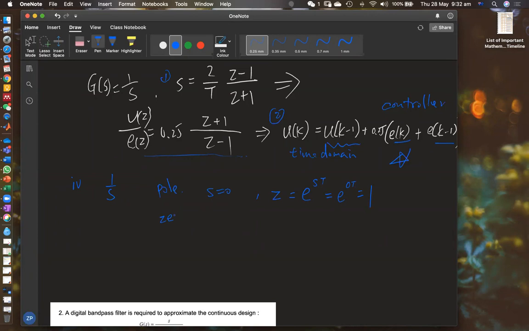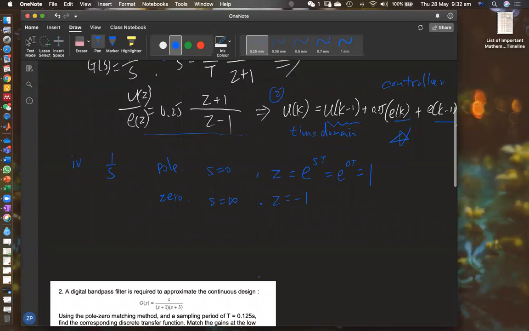Then for the 0, you get s equal to infinity because you don't have any 0 here. Actually there is a 0, but it's s minus infinity, so it just becomes a constant. So in that case, you get z equal to -1. Okay, that's just the setup.